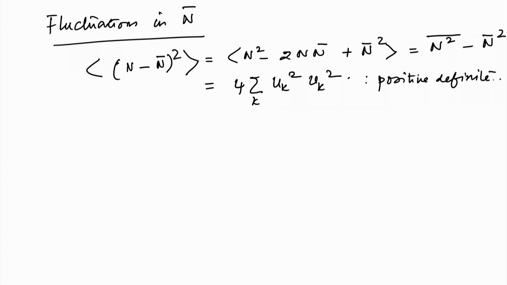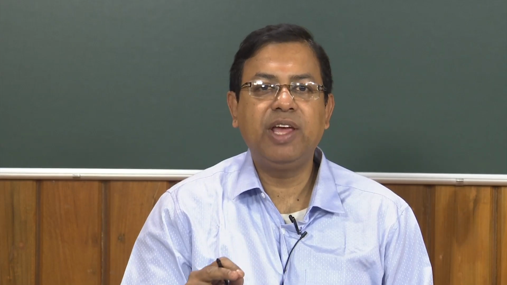In fact, v_k as a function of k goes from 1 to 0, whereas u_k as a function of k goes from 0 to 1. This is all happening in an energy range which is given by k_B T_c.